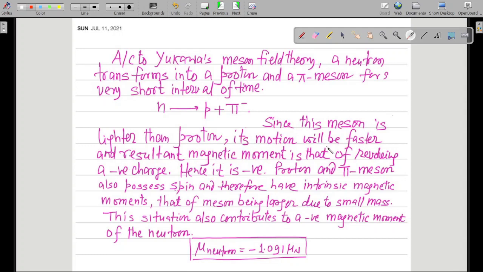and the resultant magnetic moment is that of a revolving negative charge. So the resultant magnetic moment will be of this pi minus pion or pi minus meson. Hence it is negative.